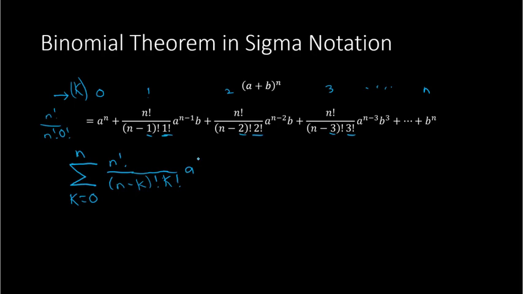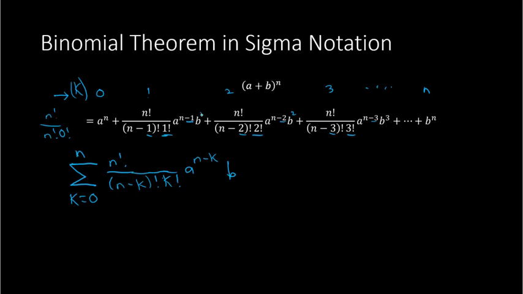Looking at the a, notice we have n in each of these, and look at the changing part: n minus 1, minus 2, minus 3. Notice that corresponds with the term number, so the exponent for a is n minus k.